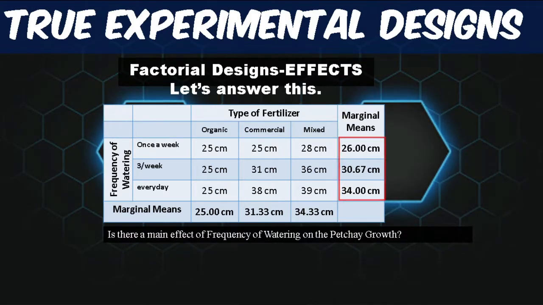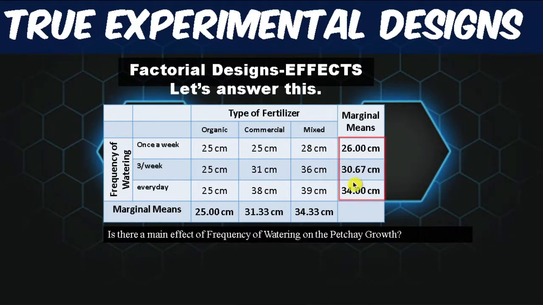First, is there a main effect of frequency of watering on the pechay growth? We start with this independent variable. If we look at the means here, again, where are these values coming from? It's the mean or the average of the three values here. Same with the second row and the third. We can see that there are differences in the growth of pechay.